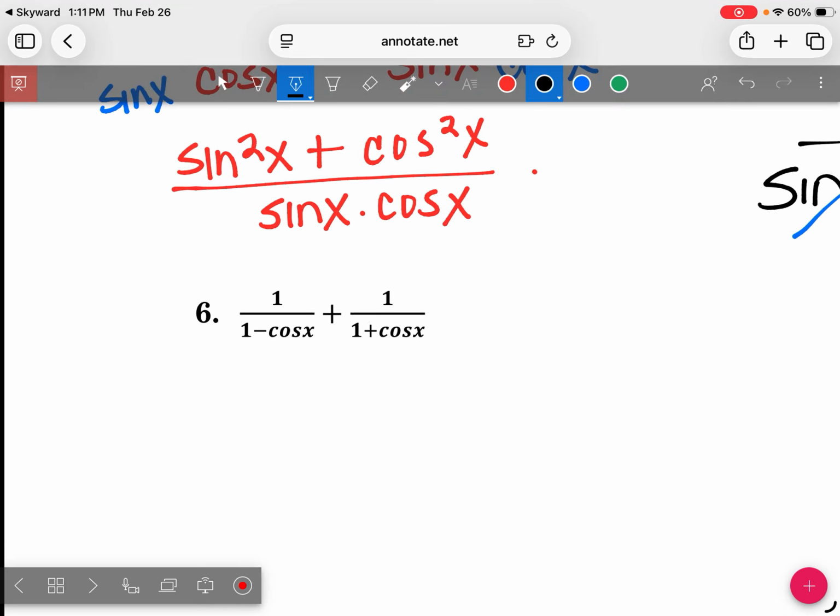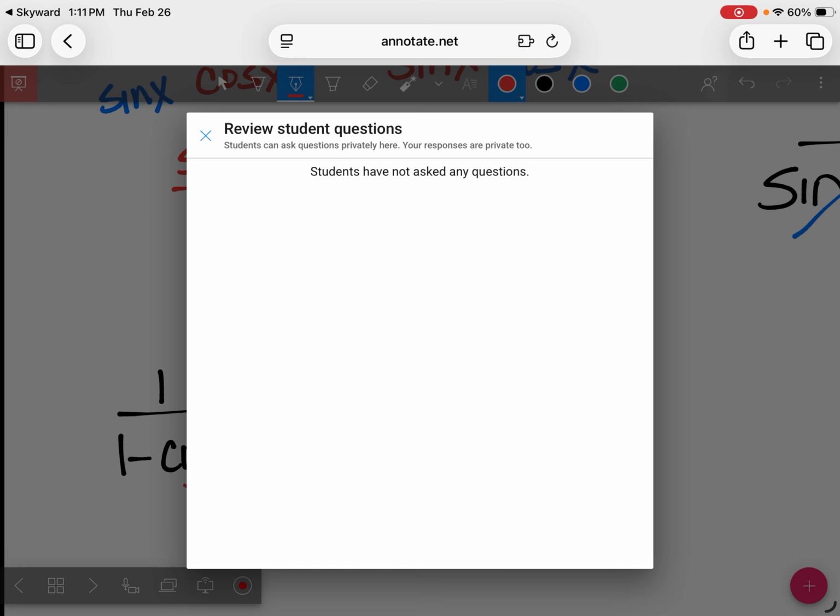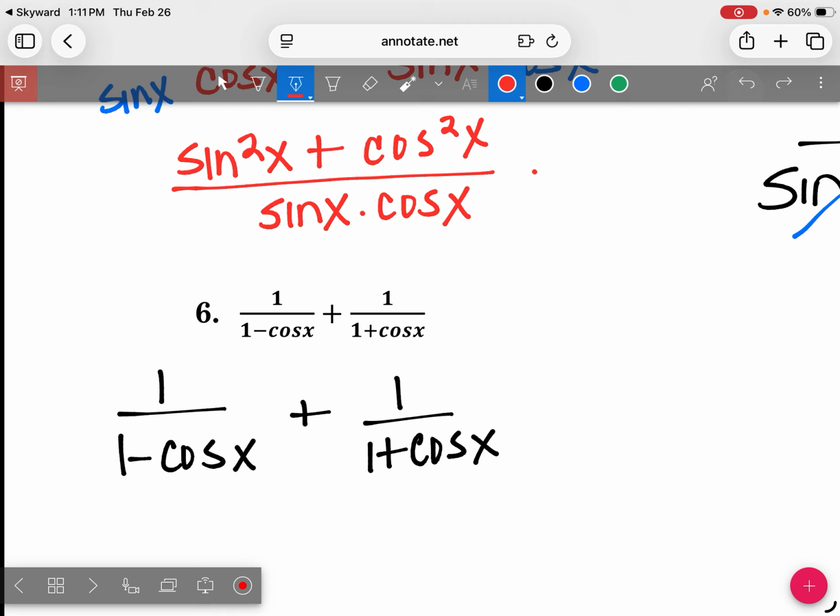So again, we need a common denominator. I'm just going to rewrite it really quickly because that number is in my way. Because these are not the same, I'm going to multiply this fraction by 1 plus cosine and this fraction by 1 minus cosine.